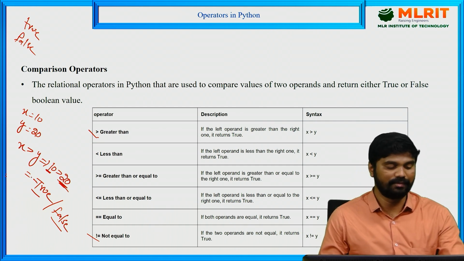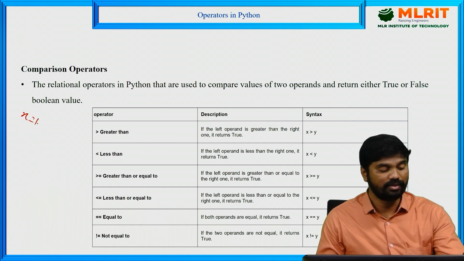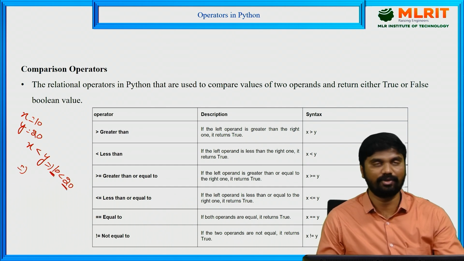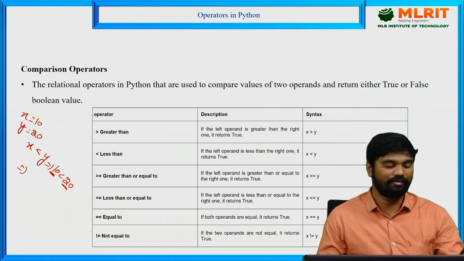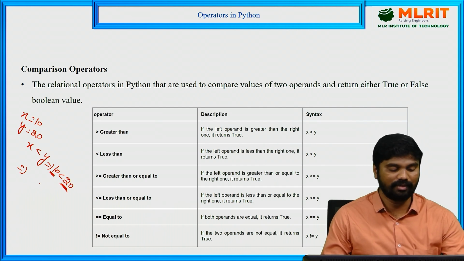Anyway, the next operator is less than. So x equals 10 and y equals 20. Now x less than y, that means 10 less than 20. If the left operand is less than the right operand, then it returns True.